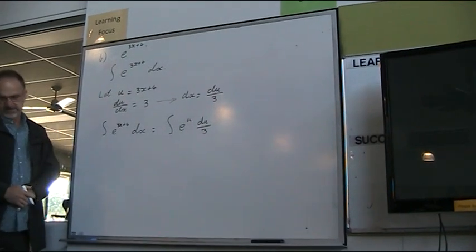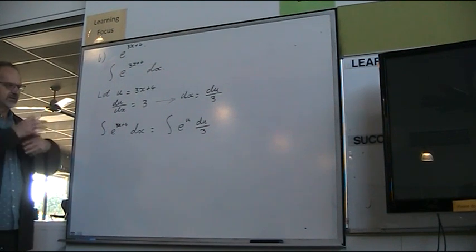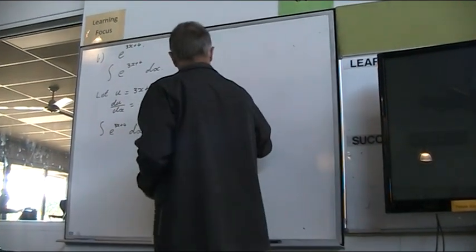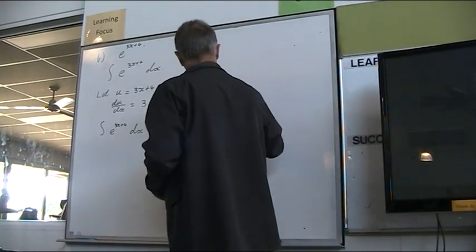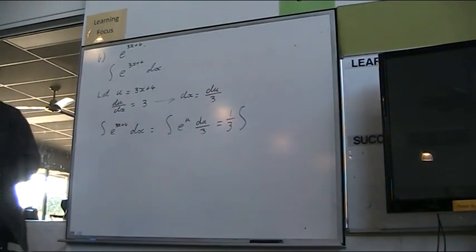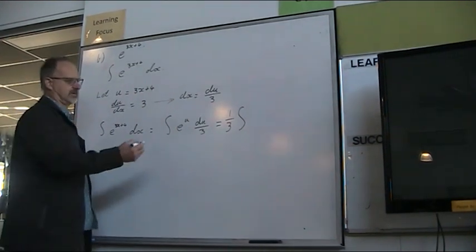This 3 here is a normal number. Now, one of the properties of integrals is that if we have a constant that's multiplying in there, in this case dividing, we can take that and put it out the front of the integral. So often that's going to make things a bit simpler for us.